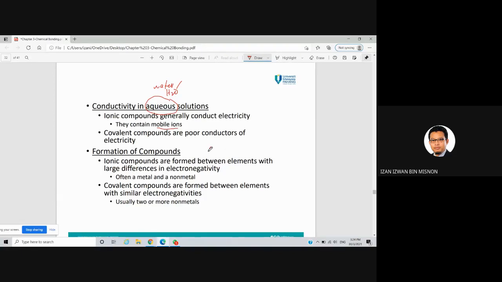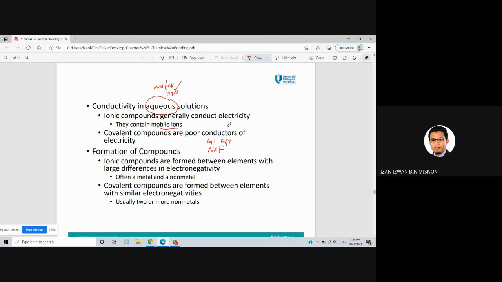So let's say we have sodium fluoride. Sodium is in group 1, fluorine is in group 7, sorry, group 17. They are far apart, between group 1 and group 17, and that's typically ionic compound formation.